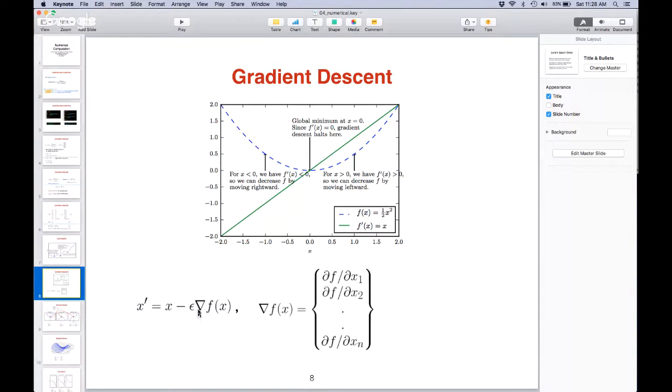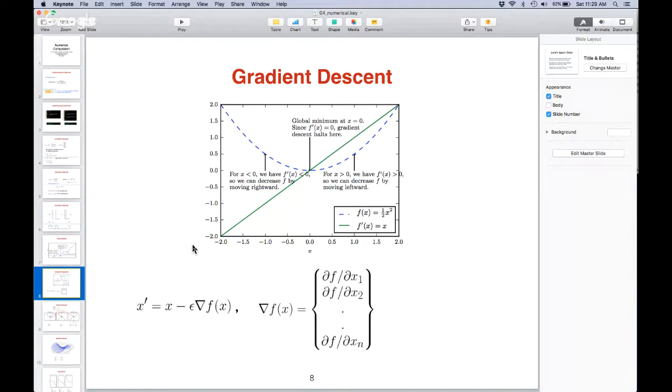And in the gradient descent algorithm, we have an iterative update formula. At each step, we compute the gradient of the loss function, and that gives us the rate of change of the loss function with respect to the input variable.